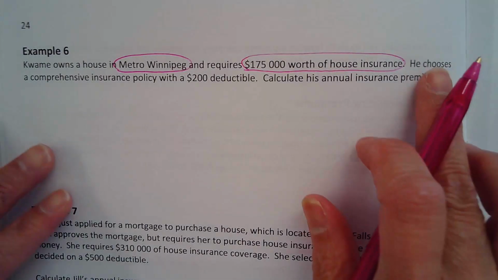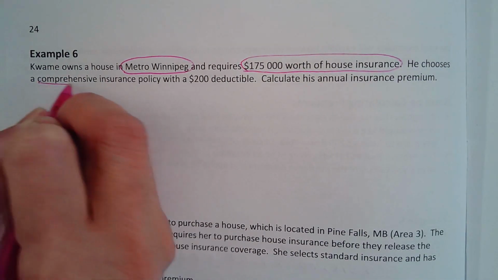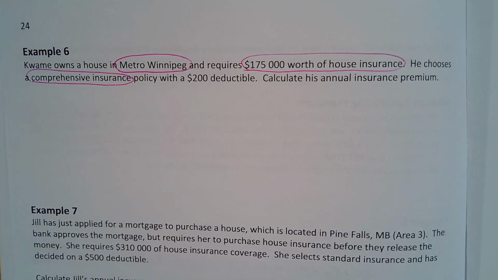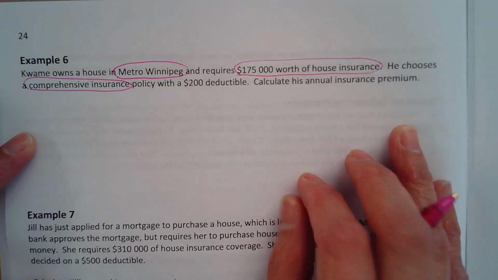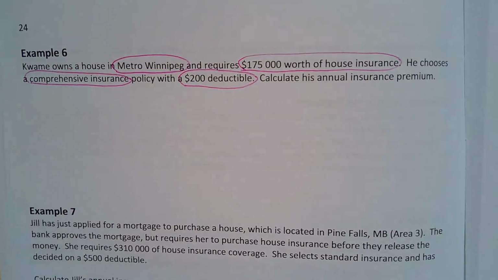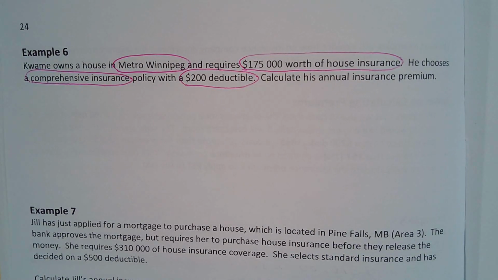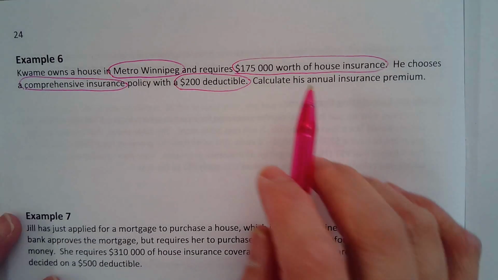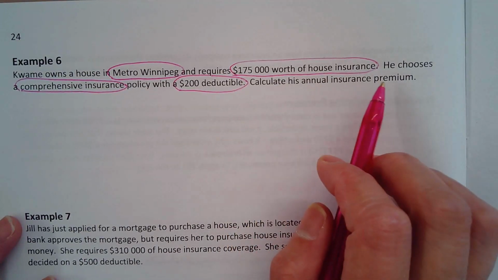He chooses a comprehensive insurance. Comprehensive insurance, that's important to us. We're gonna highlight that. And then it says here with $200 deductible. The $200 deductible, we said, is actually gonna make my insurance go up by 10% increase. And it says here, calculate his annual insurance premium.